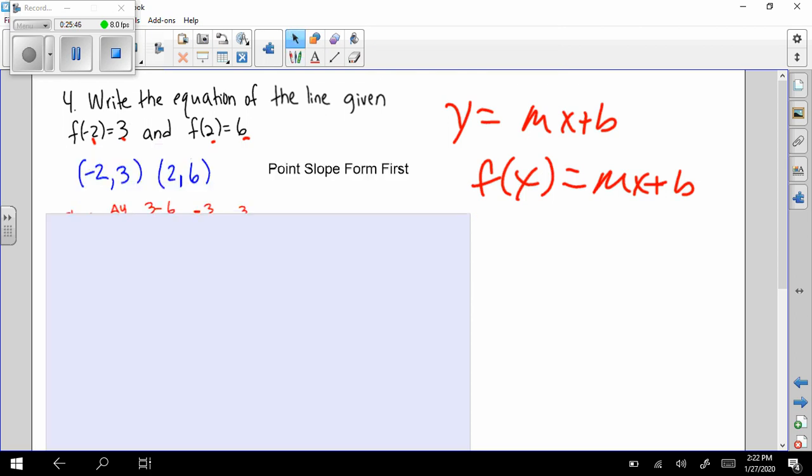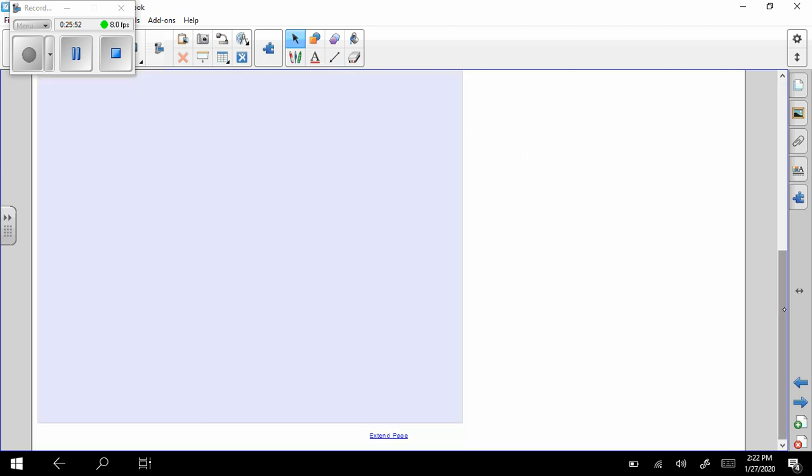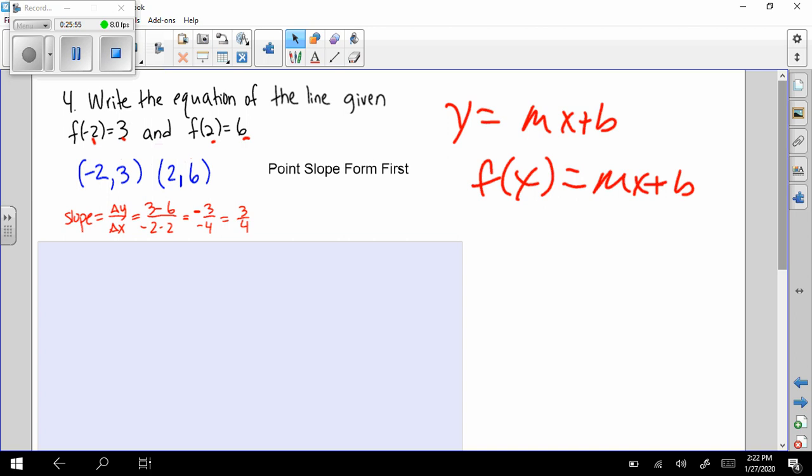But there's my two ordered pairs. Find my slope. 6 minus 3, 2 minus negative 2. 6 minus 3 is 3, 2 minus negative 2 is 4. Does it matter whether you went 3 minus 6 and negative 2 minus 2?